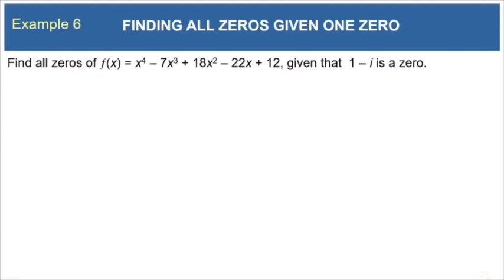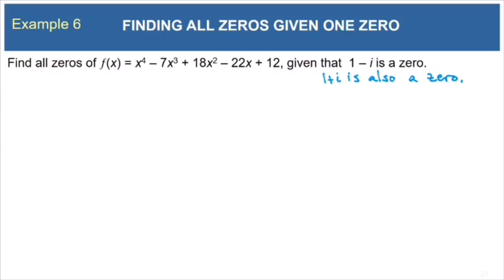Now if we think about the complex conjugate theorem that we just saw, if we know that 1 minus i is a zero, then we automatically know that 1 plus i is also a zero. Now according to the number of zeros theorem, we know that this polynomial can have up to 4 distinct zeros, and we already know 2 of them, so how will we find the last 2?